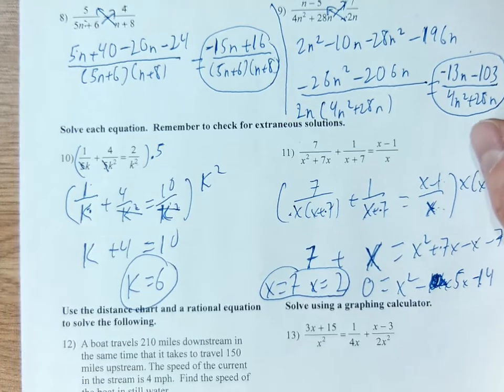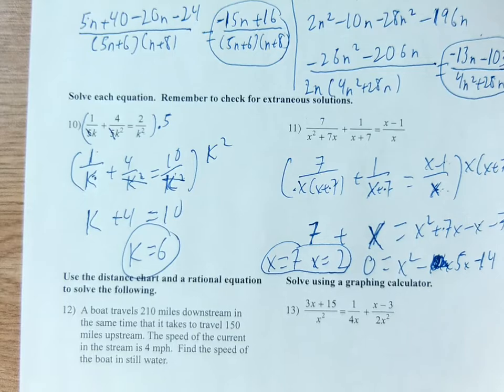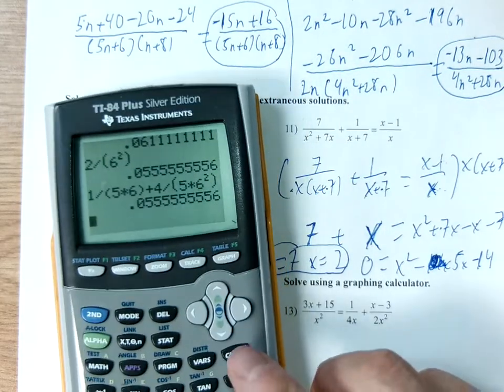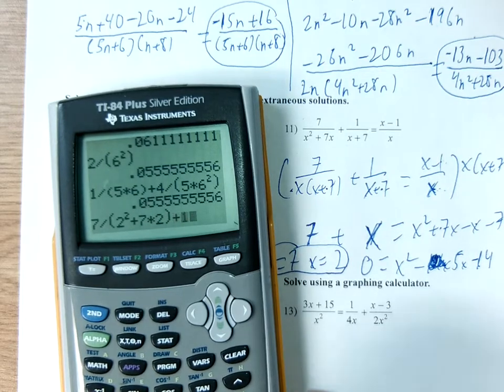And again, if I want to, I can type this in the calculator and verify that one of those answers works. You don't really have to verify both, because if one of them works, you did it right. So let's check the 2. 7 divided by the quantity 2 squared plus 7 times 2, plus 1 divided by the quantity 2 plus 7.